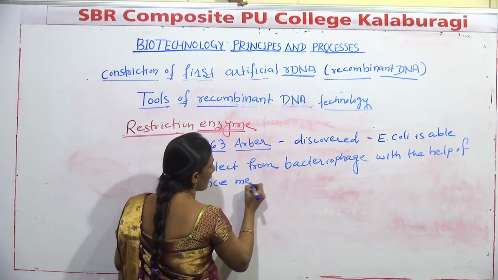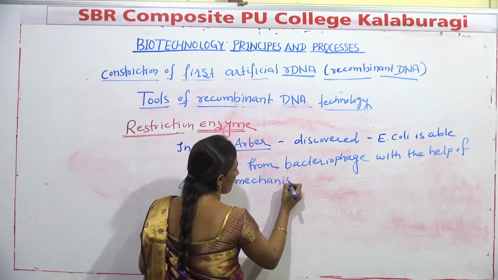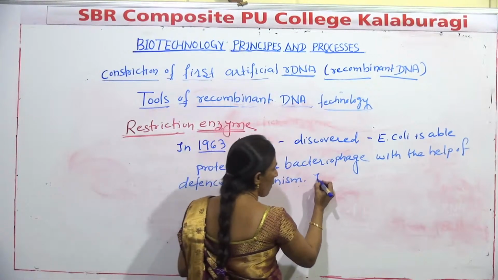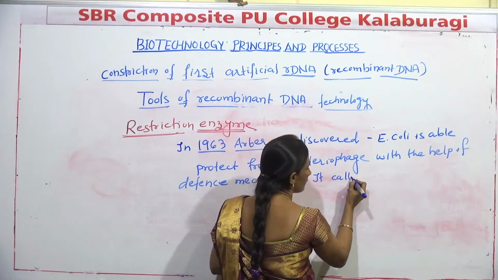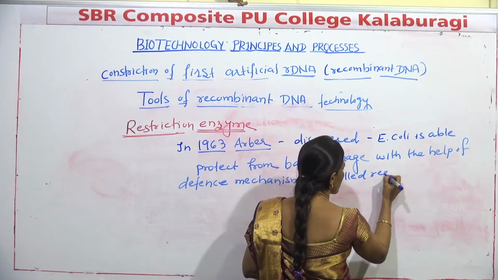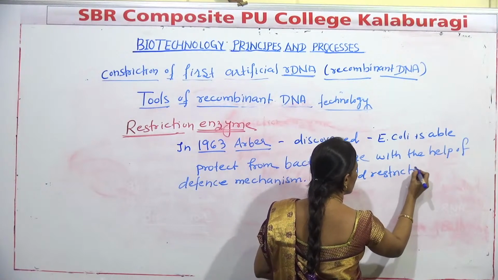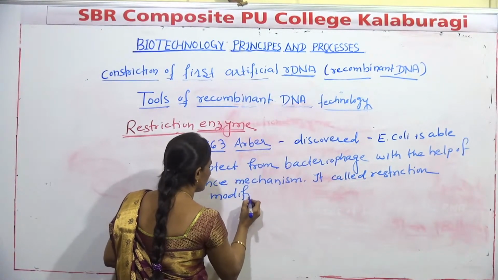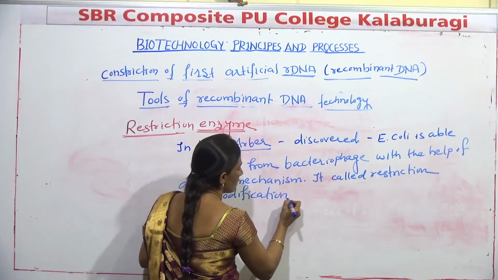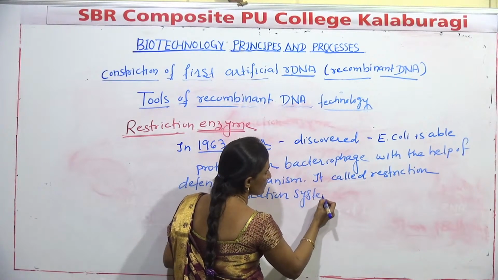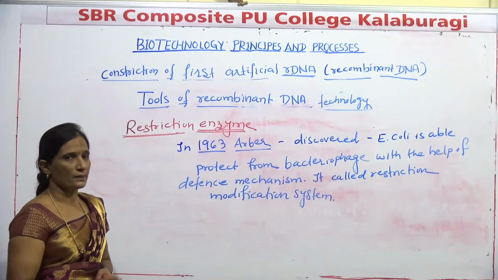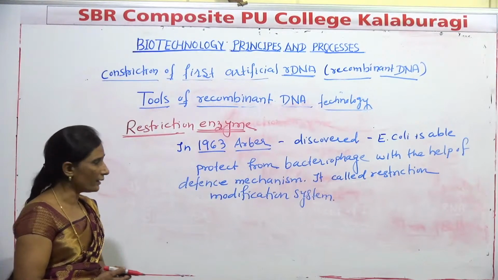It is called the restriction modification system. Understand here?